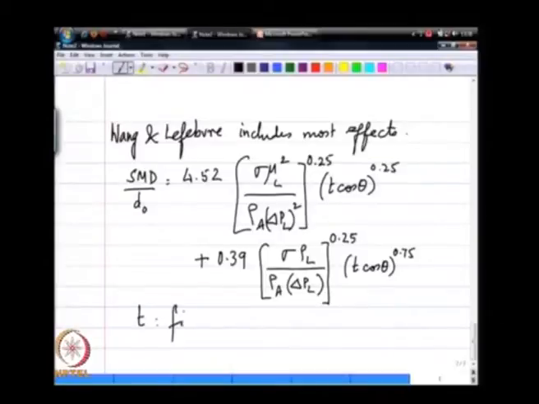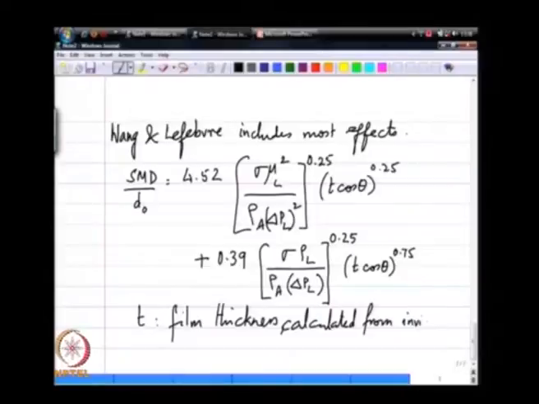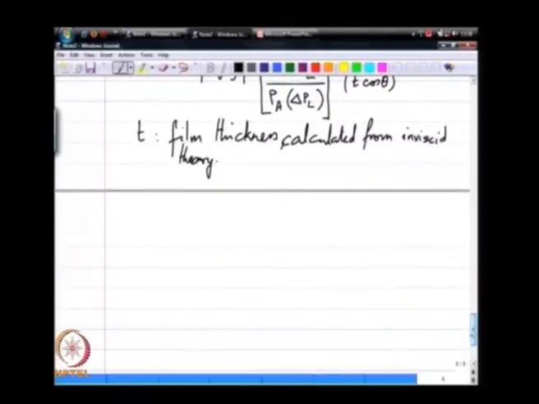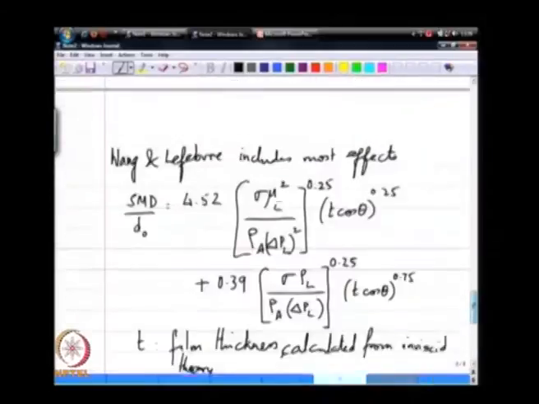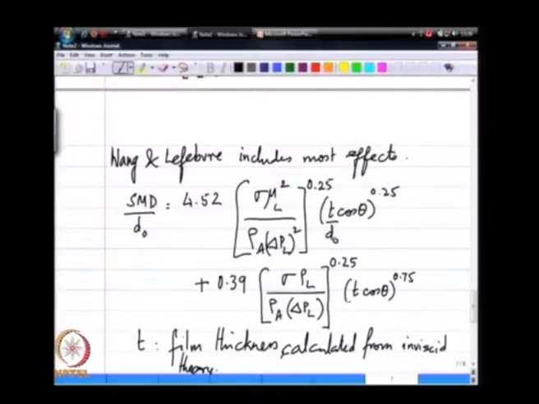T here is the film thickness that can be obtained from inviscid theory. Now, these quantities that you see in this parenthesis, actually I need to place that.